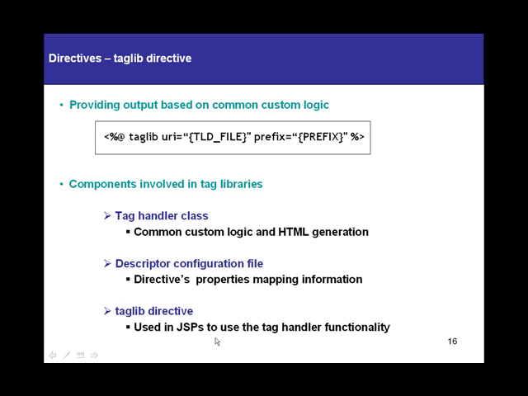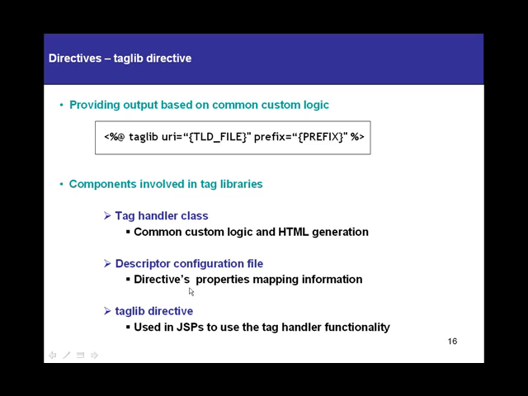And I use the Taglib directive in my JSP page to invoke the class which is implementing the common logic. Now there has to be some bridge between the Taglib directive in my JSP file and the actual tag handler class. So for that reason I have the descriptor configuration file, right?